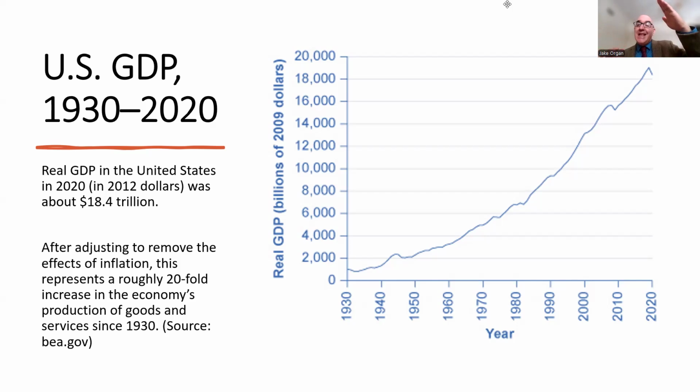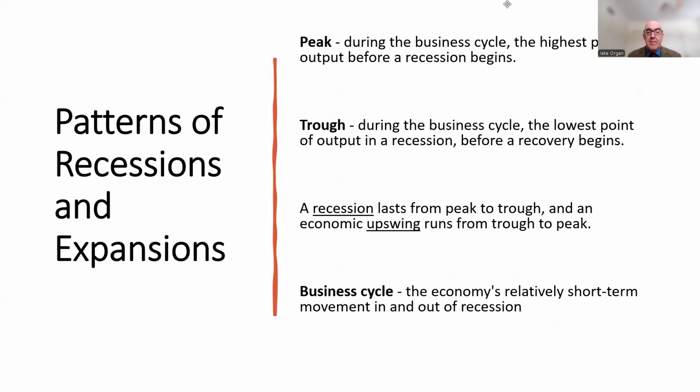There's what's called peaks when the economy gets into a boom, and dips when it goes into a recession and eventually a depression. These are often called peaks and troughs, and we'll talk about that as we move along. They're a very key part of the macro economy.